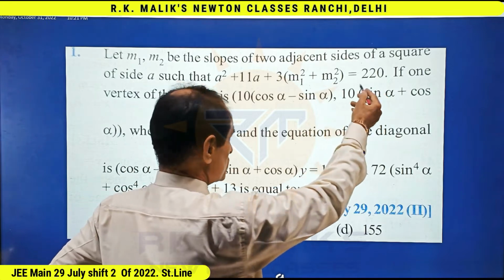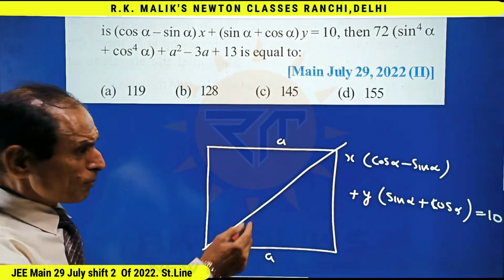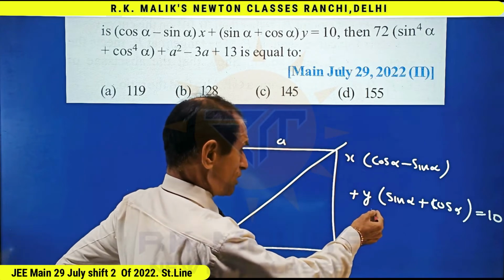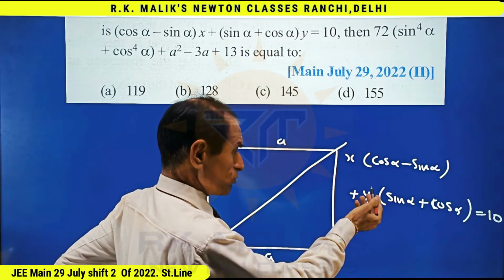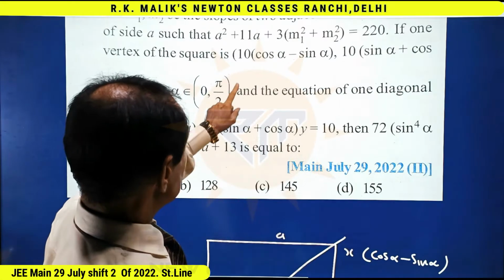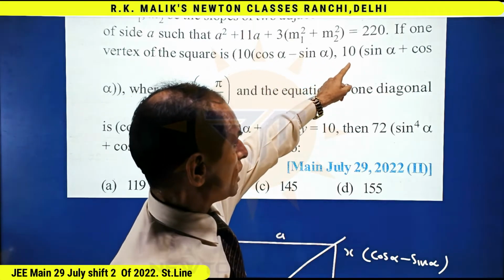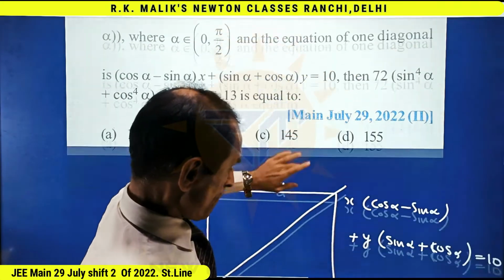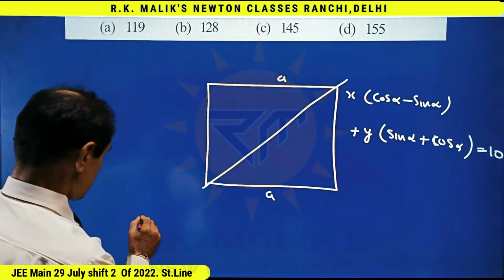This is the x coordinate, this is the y coordinate. We will be putting the value of x and y here. Note that it is not as difficult as it seems to be. If you put x equal to 10 into cos alpha minus sin alpha and y equal to 10 into sin alpha plus cos alpha, what will be the left hand side?